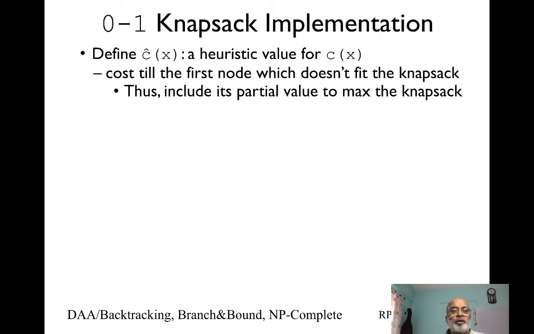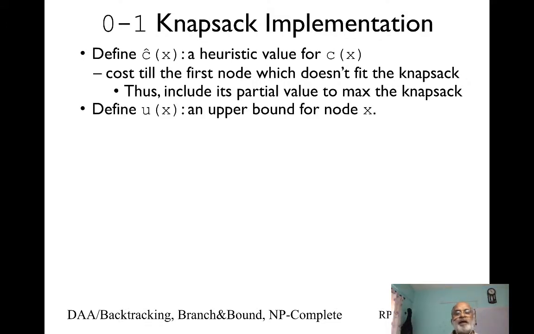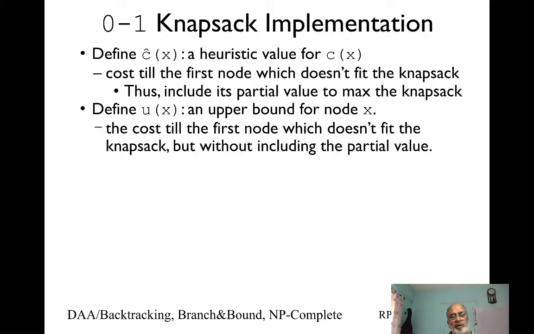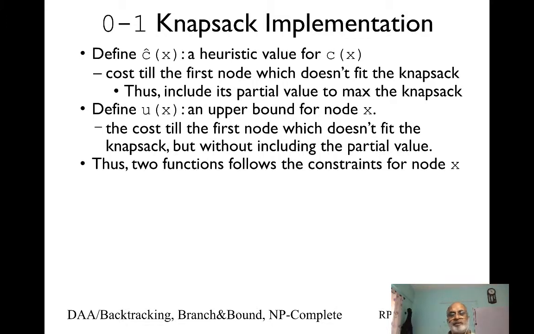So to compute cost, I look at the partial knapsack, but for my upper bound, I will not use the partial case since ultimately I'm interested in 0-1 knapsack. So the upper bound will not use the partial value, but for cost comparison we'll use the partial value. Then we'll see how these two are used to build our state space tree and how we explore it.